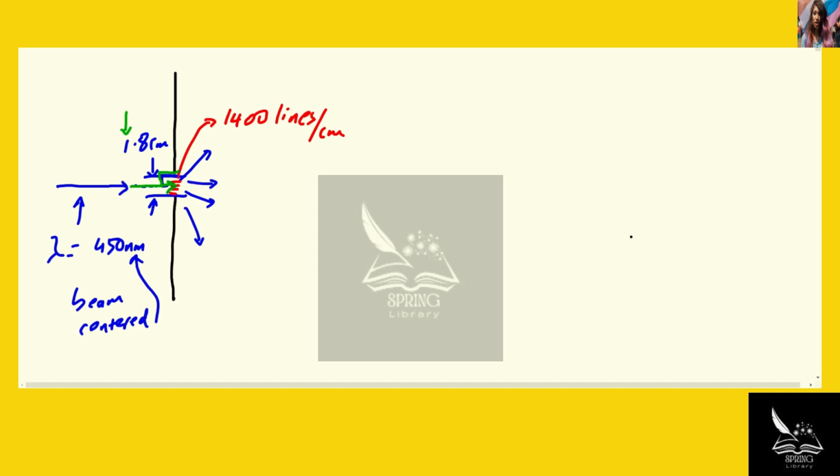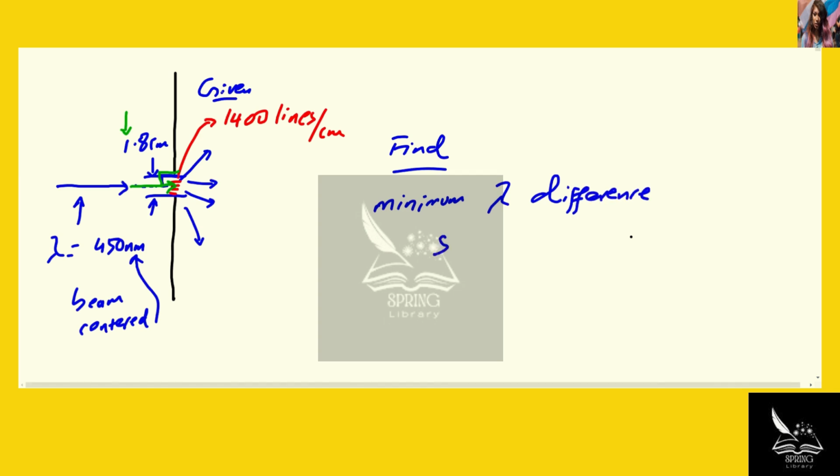That's the information that we're given in the problem, and we want to find the minimum, or the smallest, lambda difference. Remember, lambda is the wavelength, so the minimum lambda difference the grating resolves in order 3.